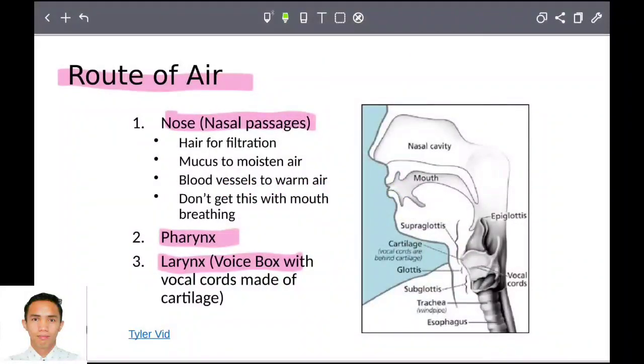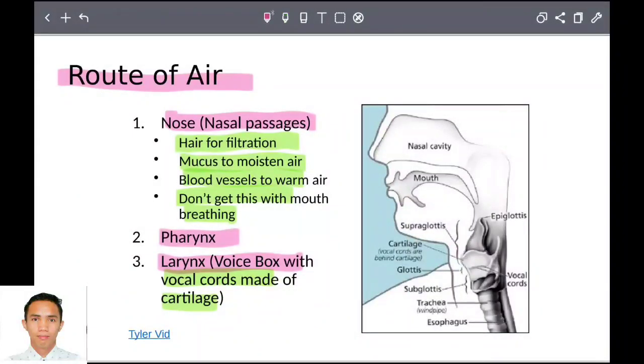For the nasal passages, hair filters the air, mucus moistens the air, and blood vessels warm the air, so don't skip this with mouth breathing. Second, the pharynx, next to the larynx or voice box, with vocal cords made of cartilage.